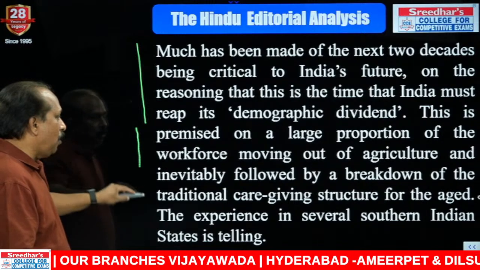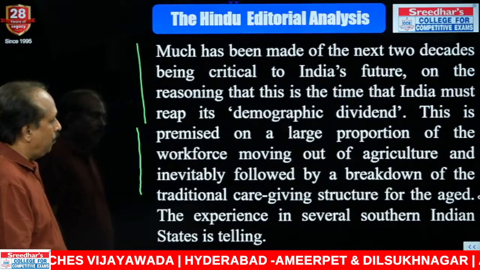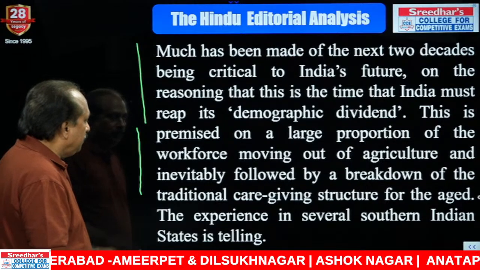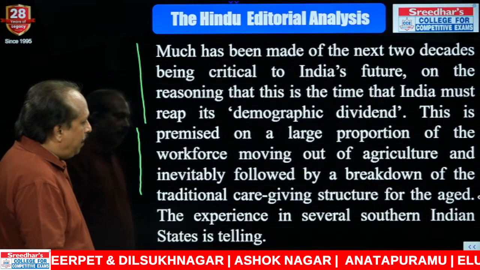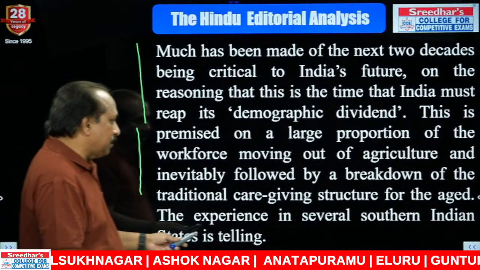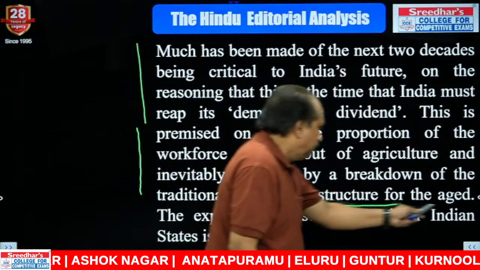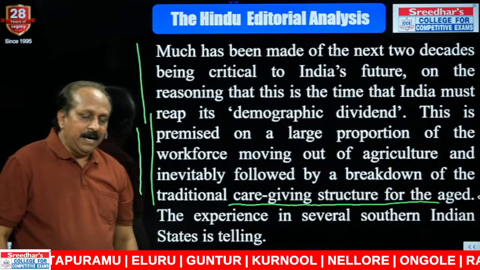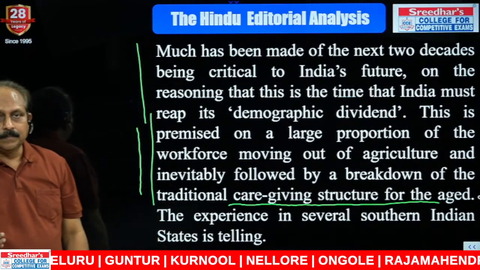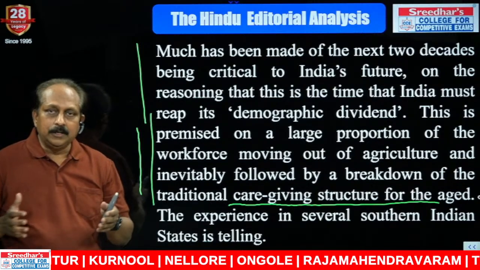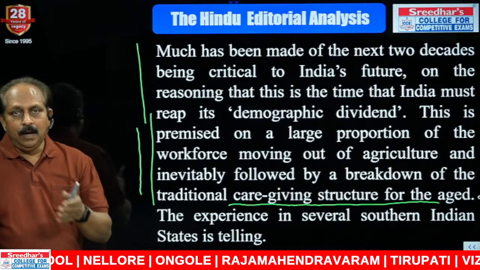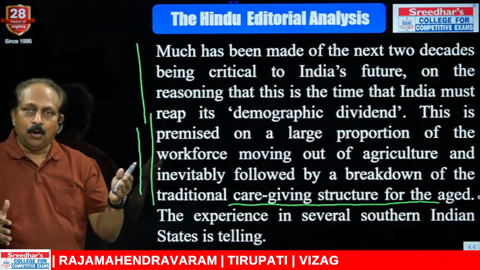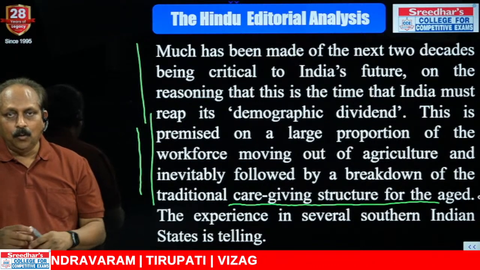This is premised on a large proportion of the workforce moving out of agriculture, and inevitably followed by a breakdown of the traditional caregiving structure for the aged. What is it based on? Today in India, many people are leaving the villages and going to towns and cities in search of a job because they are highly qualified.